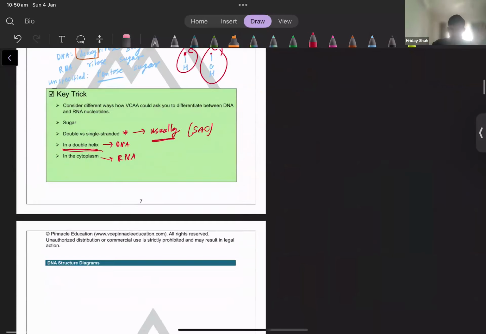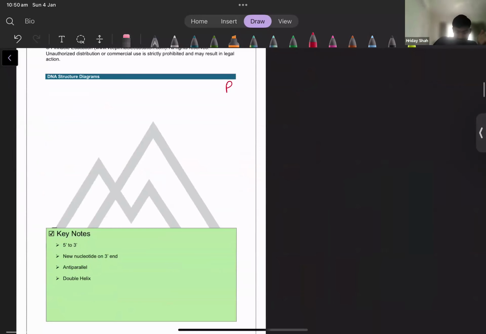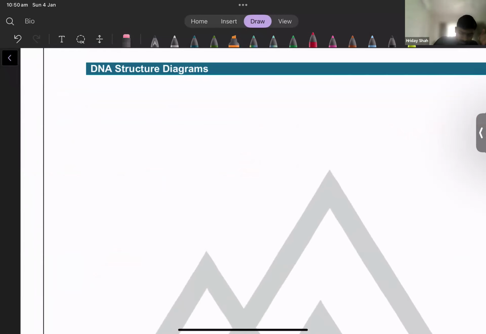Now, if we join it together to get our polymer, so let's draw one.